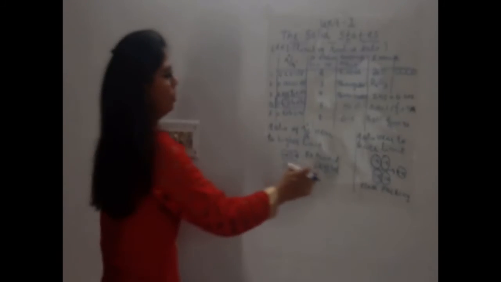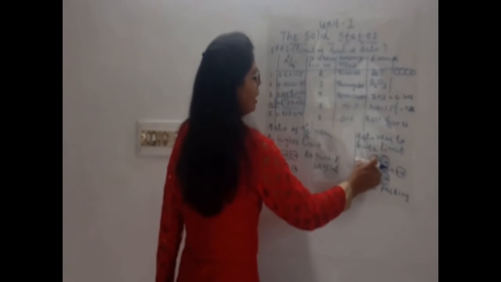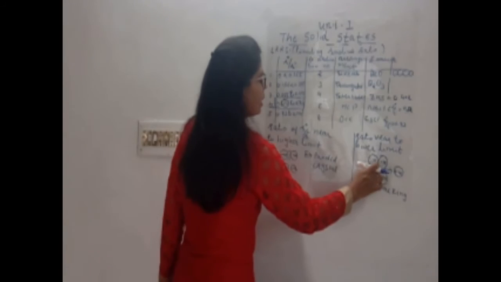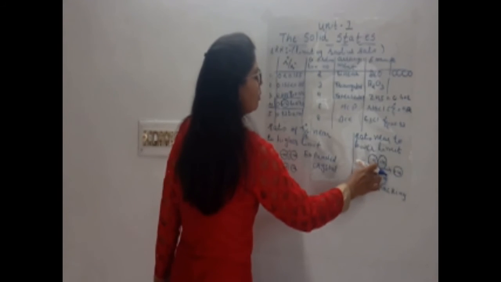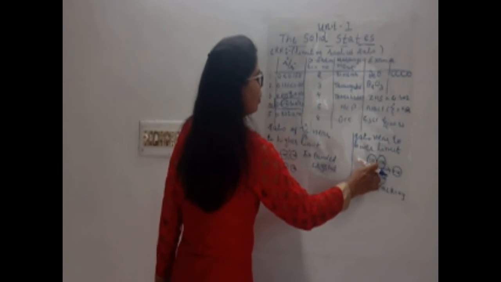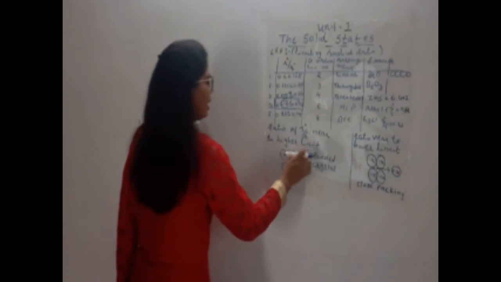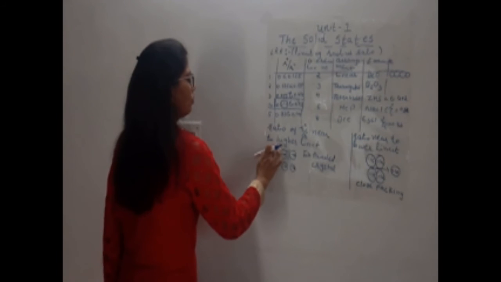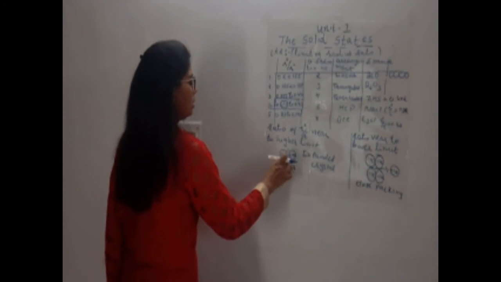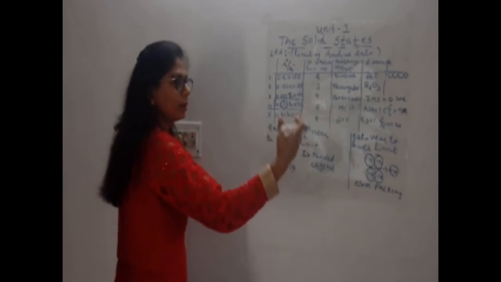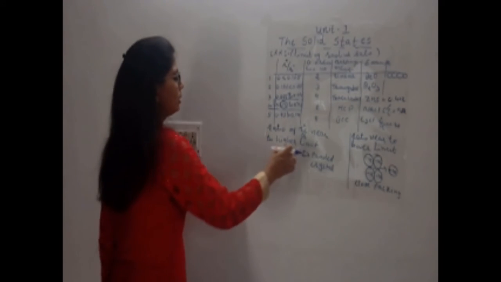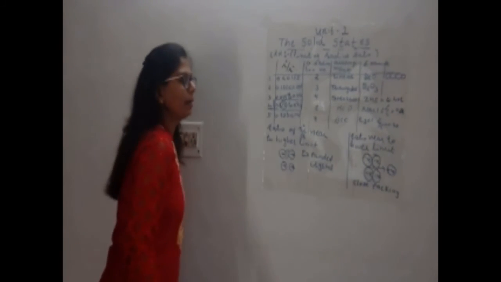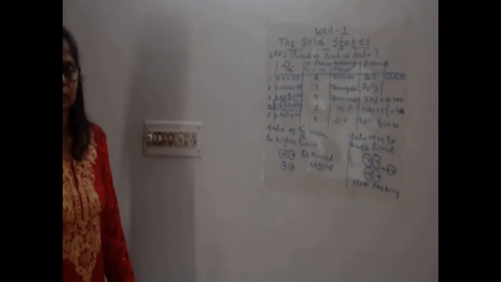When the ratio is near the lower limit, you will get close packing, and the positive ion is situated in the void which is created. When it is near the higher limit, they are a little farther from one another, and that's why it is known as expanded crystal.